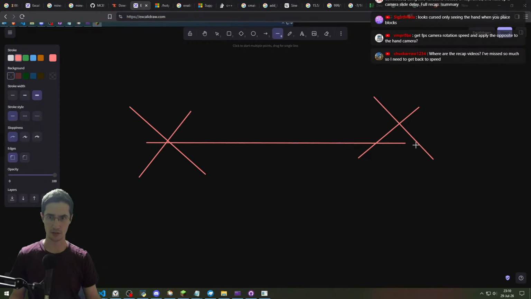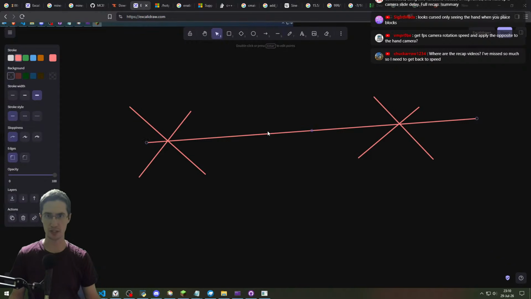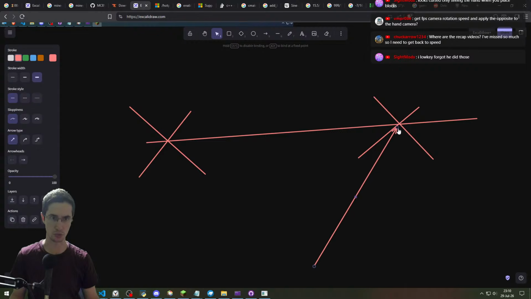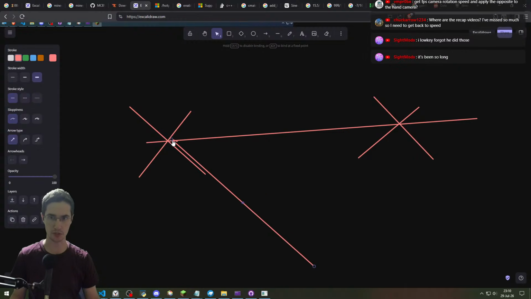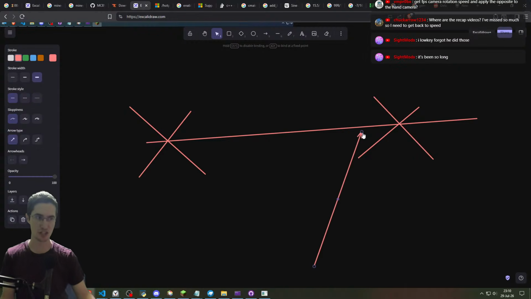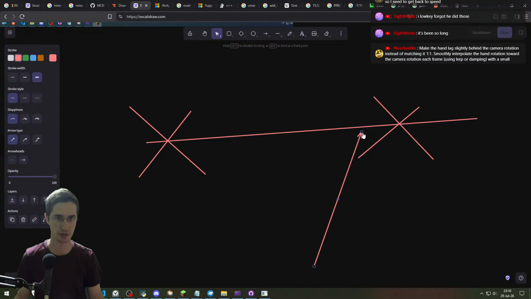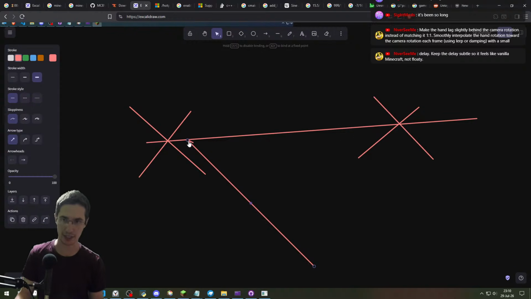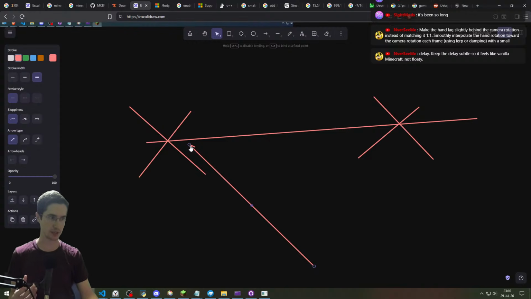And you can get points in between them. You have just these 2 points and you can generate all of these other points in between them. That's how you can get smooth animations in keyframes. But how would it help us with the delay of the camera?